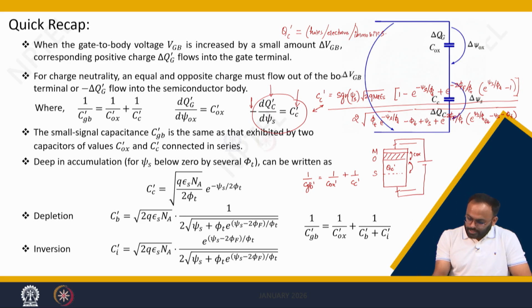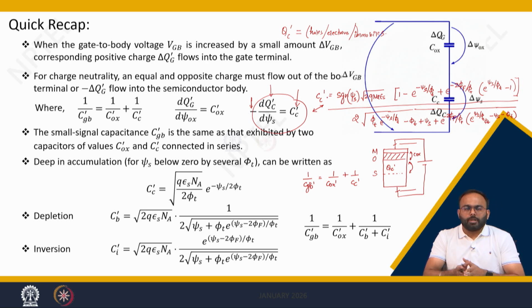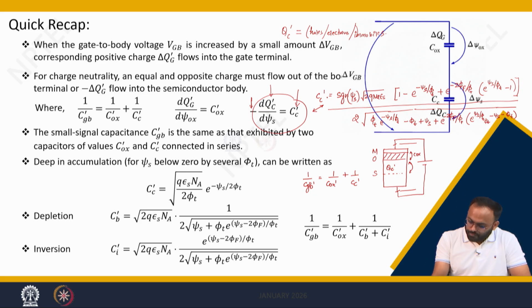Then we classified CC dash in various regions of operation, considering accumulation, depletion and inversion. We used a good amount of approximation to ignore the terms which have negligible significance. Like in accumulation, when surface potential is negative, and if we talk about deep accumulation, then surface potential is very much negative, and hence this term dominates and other terms will not, because this term, if you remember, is given by electron contribution.